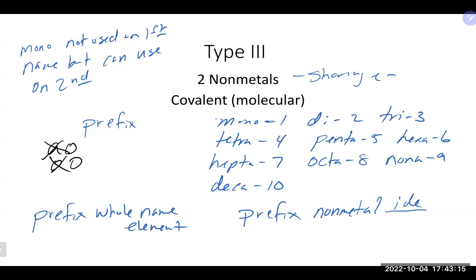So if we had one oxygen, instead of saying monooxide, we get rid of that O and it becomes monoxide. So that's a very common one that we do. Two I's are okay, actually, but that A and the O and the O are not so good. Any questions on that?